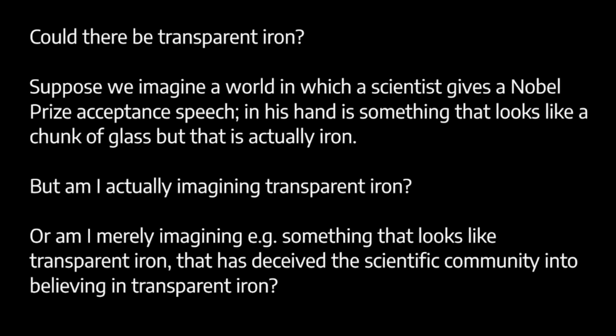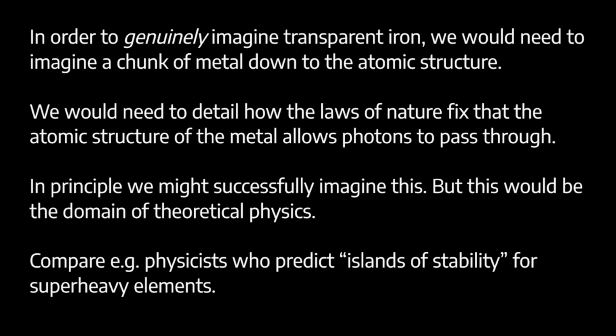So I'm not actually imagining a world in which there's transparent iron. I'm imagining a world in which either there's transparent iron, or people are deceived into thinking that there's transparent iron, or etc. There's probably many other possibilities we could plug in there. So what would be required to genuinely imagine transparent iron?